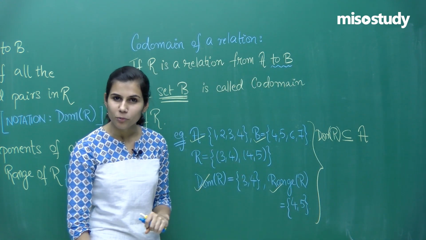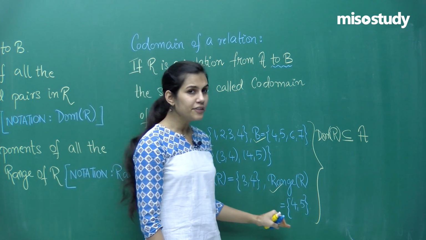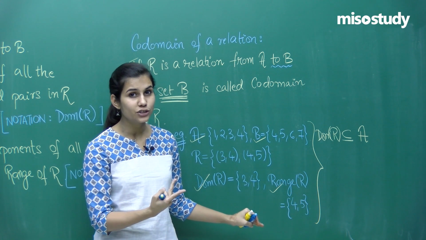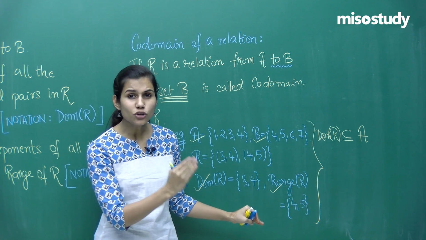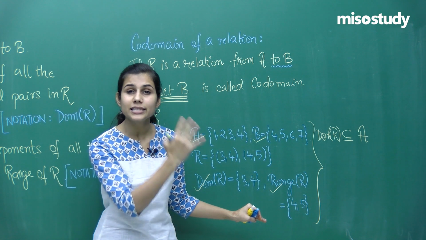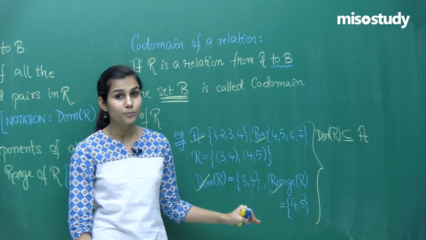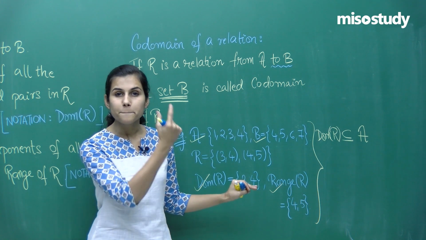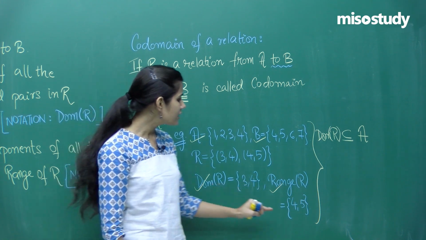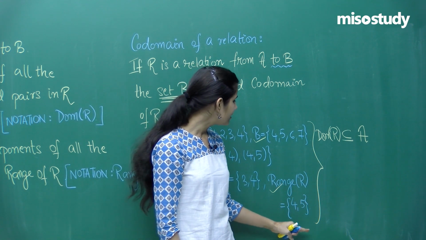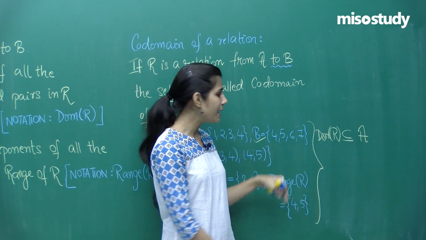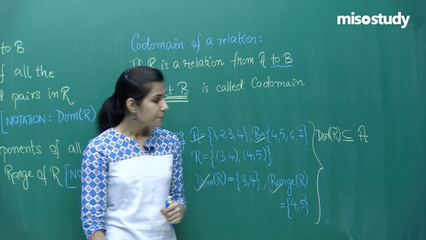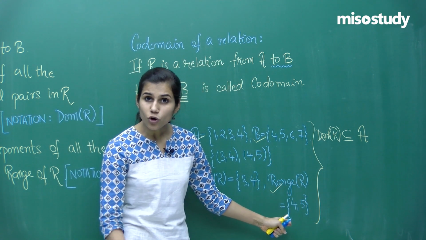I have borrowed members from A to obtain the domain. Similarly, the range is the collection of all second components of the ordered pairs. The second components always come from the second set involved in the Cartesian product. Because we were understanding A cross B, B was the second set, and you can visually see that the range is obtained by borrowing 4 and 5 from B, because I have collected second components.